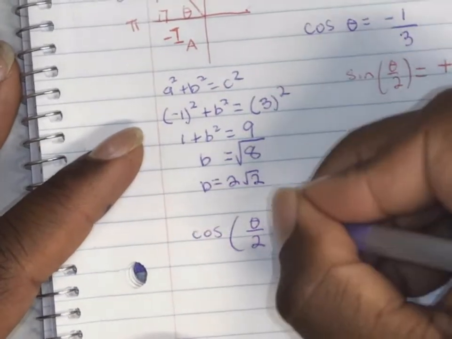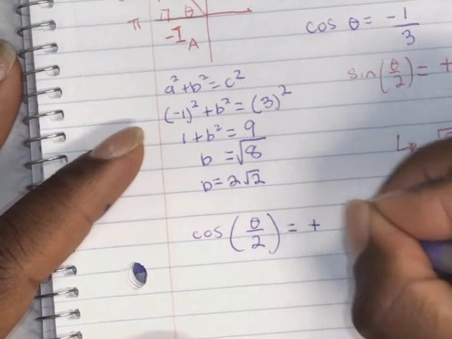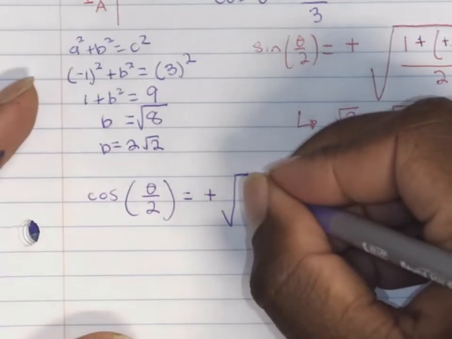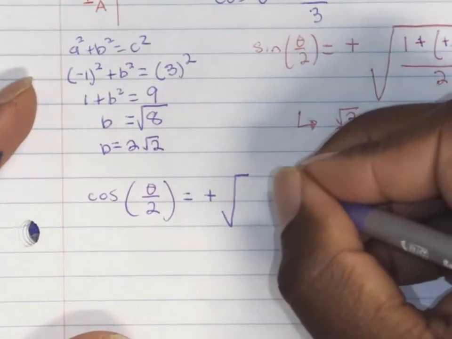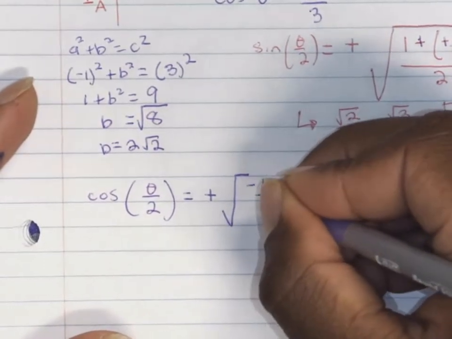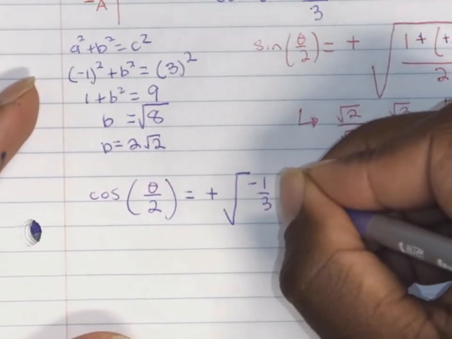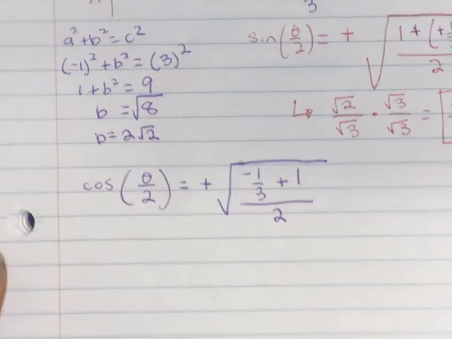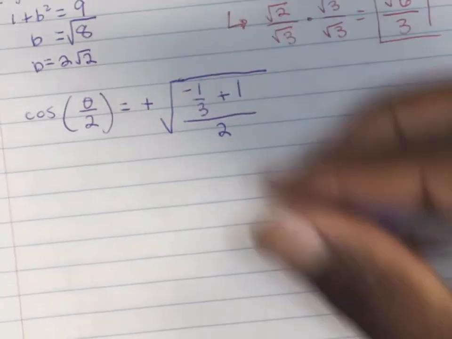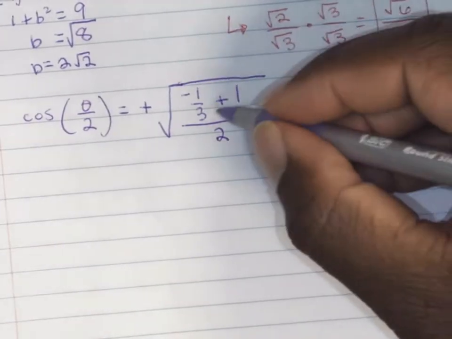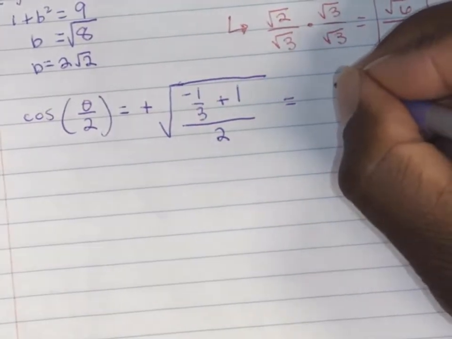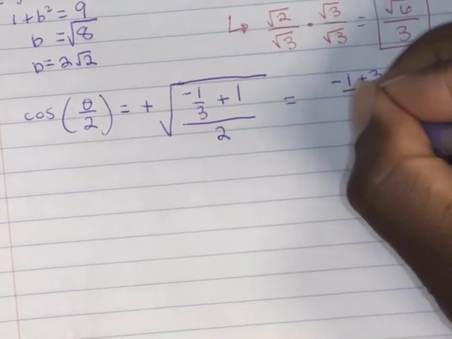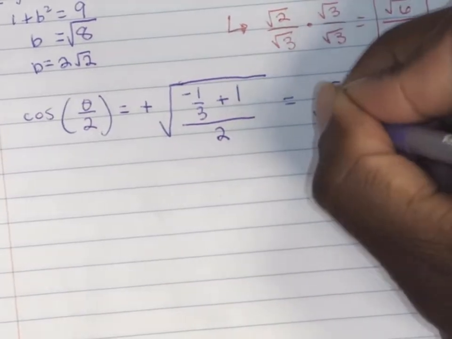All right, cosine's half angle. I'll choose the positive option because I'm in the first quadrant, and I got cosine of theta. Cosine's ratio is -1 over 3. Then I'll add 1 to it, and then I'll divide that number by 2. So my setup's like this from the formula. I need to give 1 the same denominator as this 3, so that would give me -1 plus 3 all over 3, all divided by 2, all in the radical.